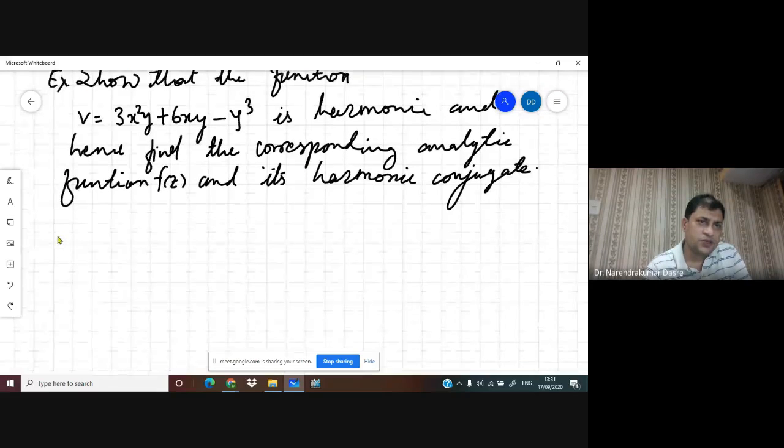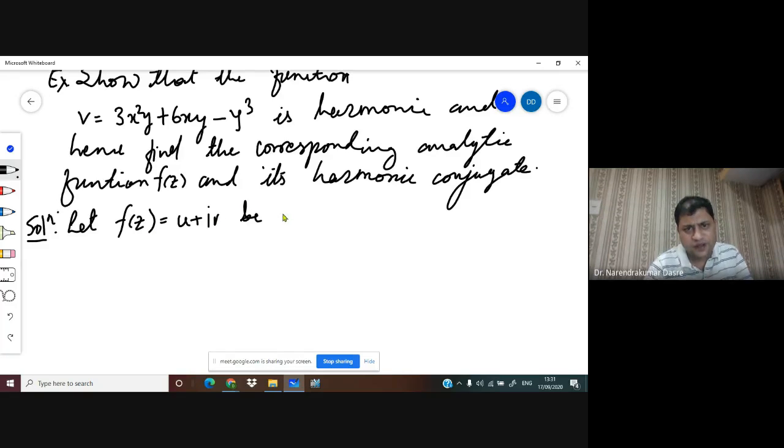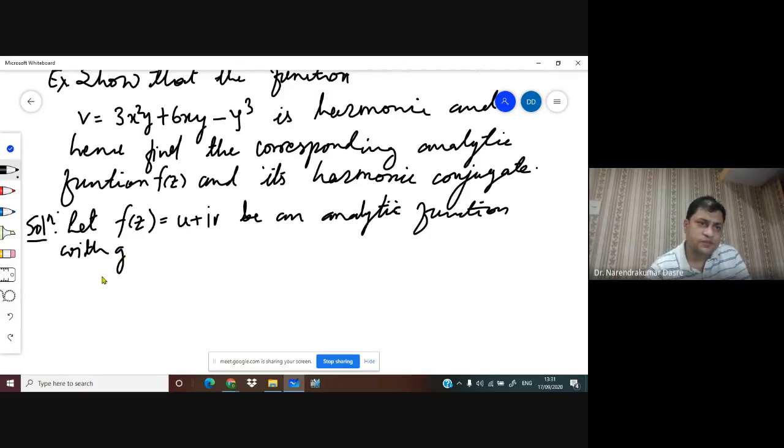So let us try this example and find the solution. As we want to find the analytic function, the first step is always to let f of z is equal to u plus iv be an analytic function, with v being the imaginary part.